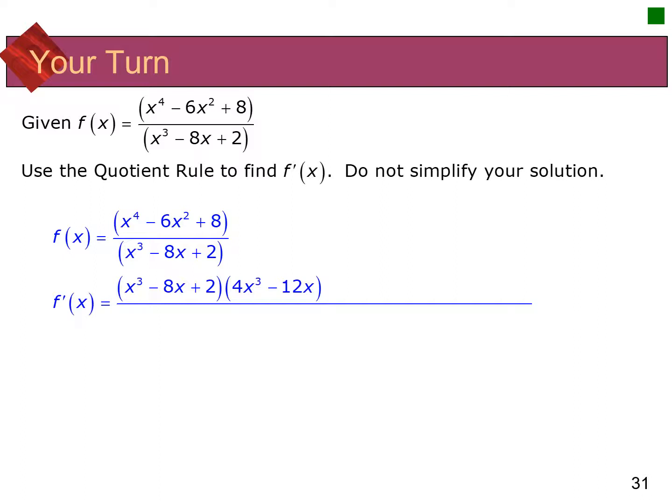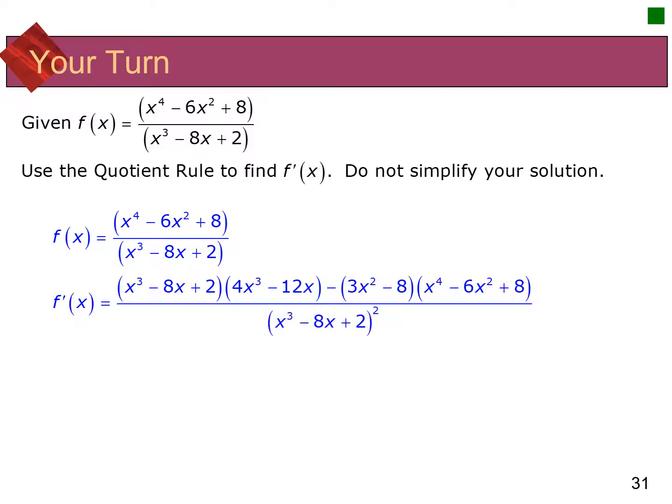So the bottom is x to the third minus 8x plus 2, and the derivative of the top gives me 4x cubed minus 12x, minus the derivative of the bottom times the top. The derivative of the bottom gives me 3x squared minus 8. The top, of course, is x to the fourth minus 6x squared plus 8. All over the bottom squared, which is just me rewriting x cubed minus 8x plus 2, all squared.